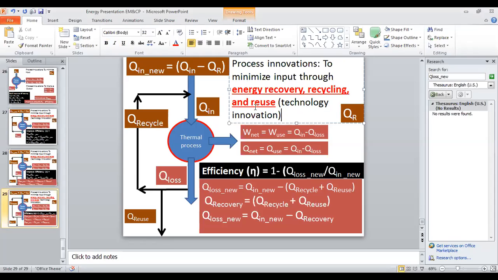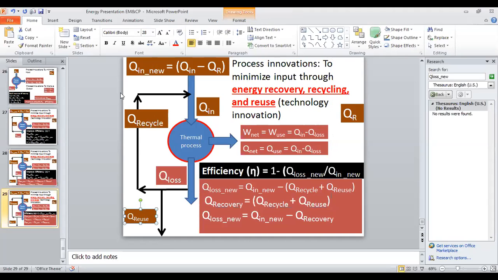I have a little confusion here. In waste, recycle means you collect it and then you recycle. But here, I put recycle instead of reuse. Yeah, recovery and recycling. Recovery is here, reuse is here. Recycle and reuse.